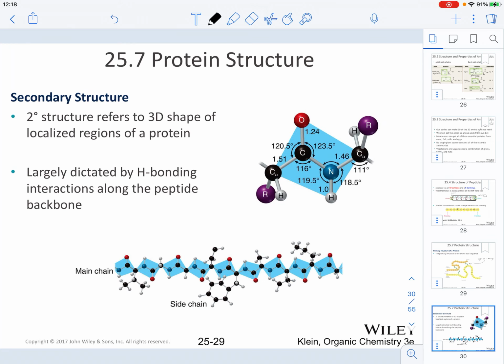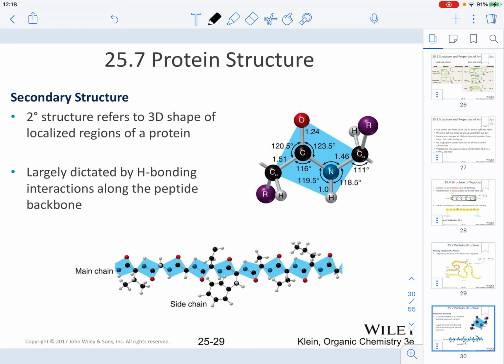The next level, the secondary level of protein structure, is the 3D shape of localized regions of a protein. This is going to be largely dictated by hydrogen bonding interactions along the peptide backbone.